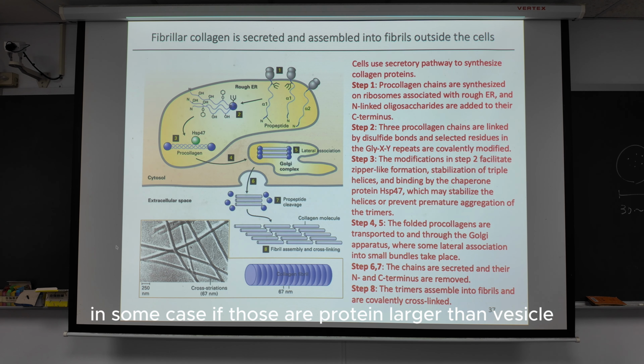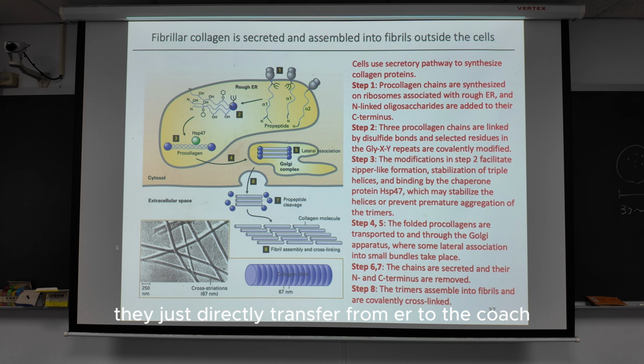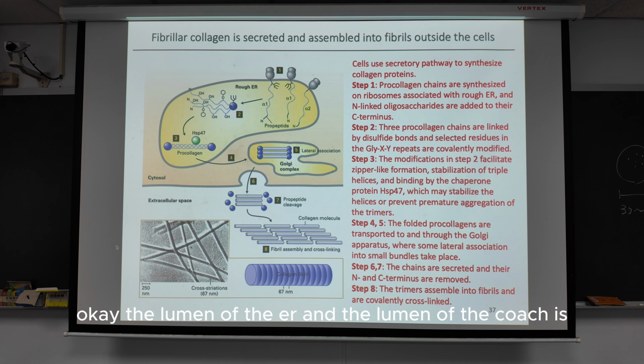In some cases, if those proteins are larger than a vesicle, they cannot be delivered through the vesicle. They just directly transfer from ER to the Golgi. Okay, the lumen of the ER and the lumen of the Golgi are huge. So they just directly exchange such an environment and then directly deliver those huge cargos to the next organelle.